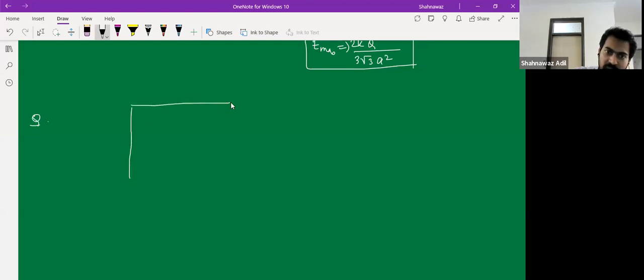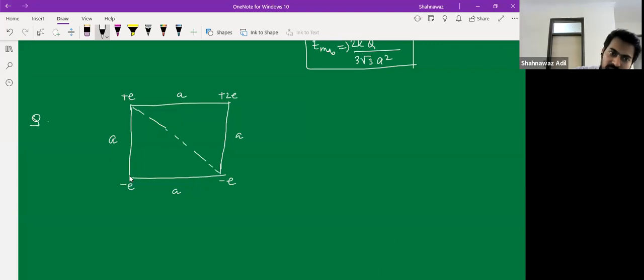So let's say this is a square. If Amna ma'am has already done this problem, then I am fine. So this is plus e, this is plus 2e, this is minus e, and this is minus e. This is the square with the sides. From the property of the squares, what is the property of the diagonal of the square?